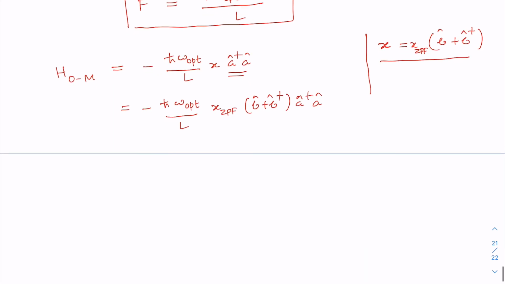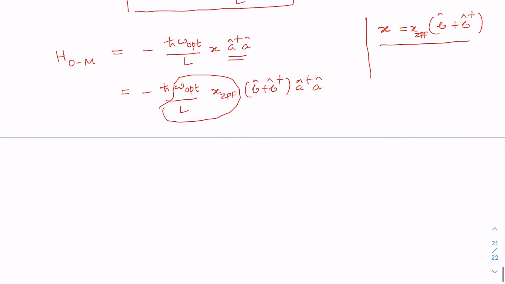This quantity has the dimension of frequency, so I will write it as h cross Z (b plus b dagger) a dagger a, where I am taking this capital Z as minus omega optical by L times x zero-point fluctuation.